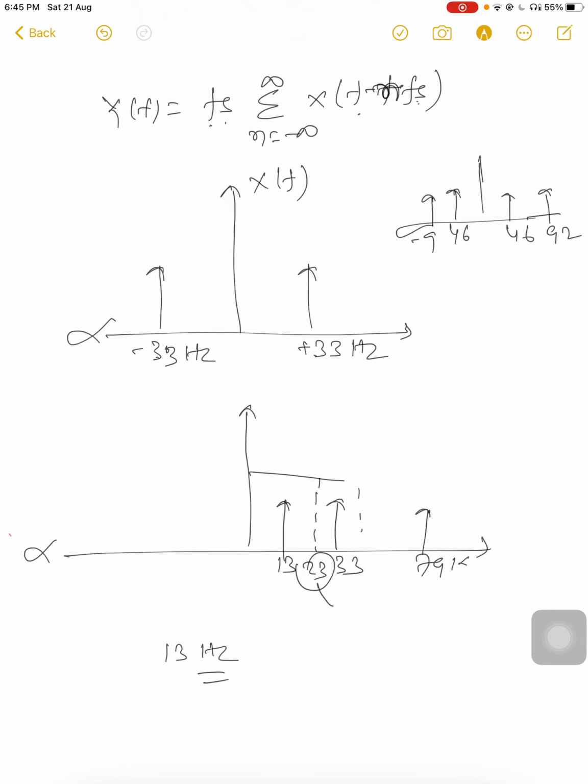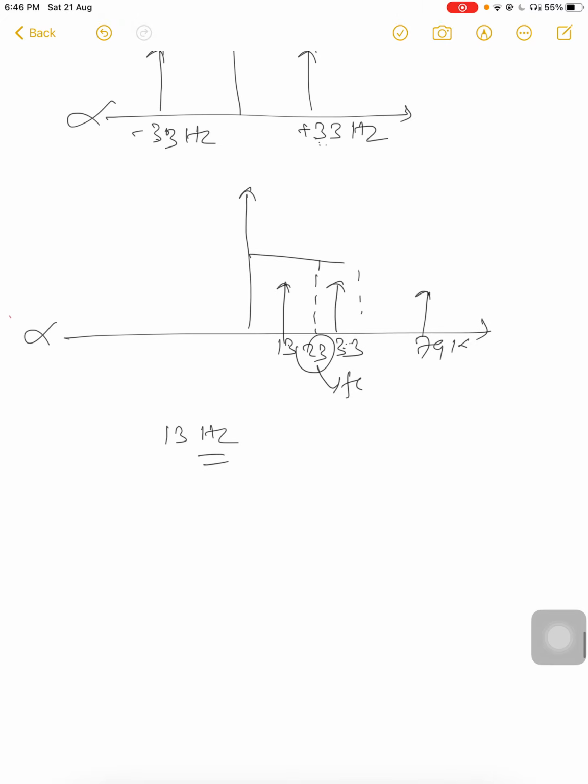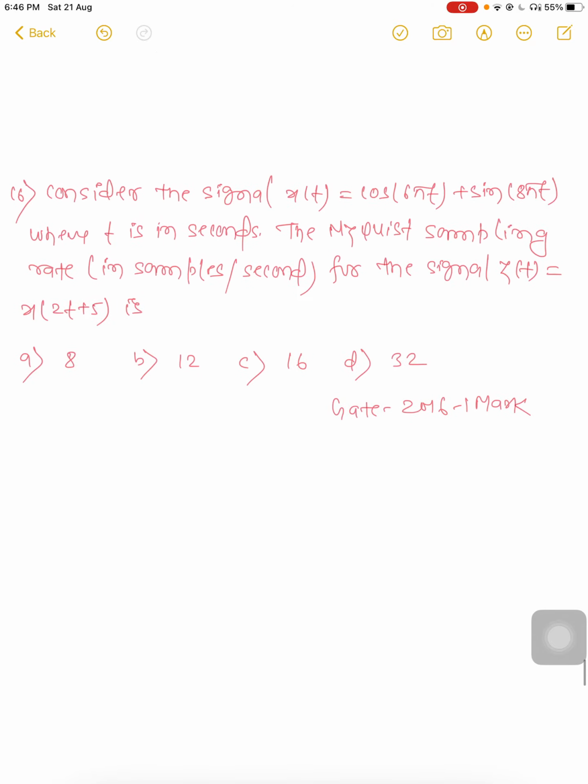So I have selected only 46. When 46 samples it, 46 minus 33 gives 13, and after that 33 itself, and 46 plus 33 gives 79. Now the answer will be 13 hertz, only 13 hertz comes inside the 23 hertz cutoff frequency.